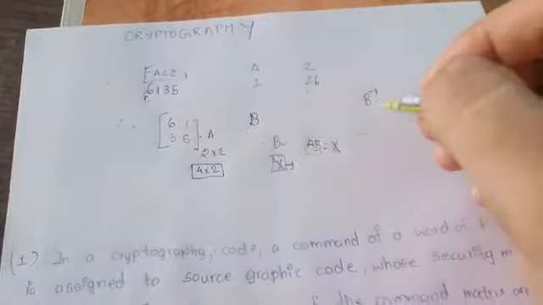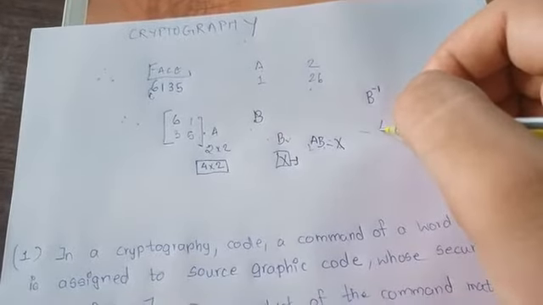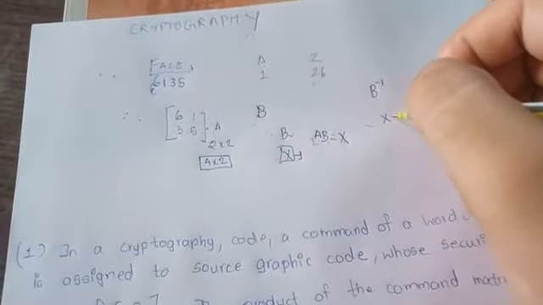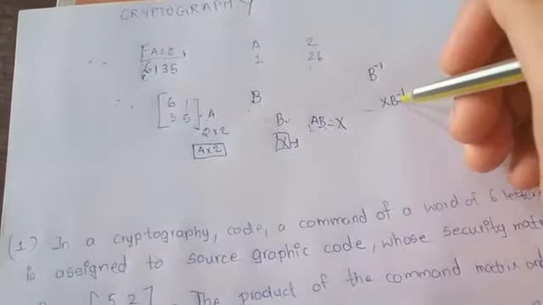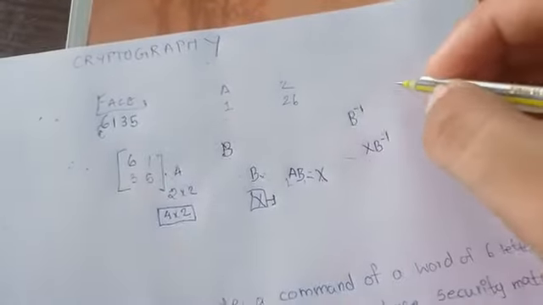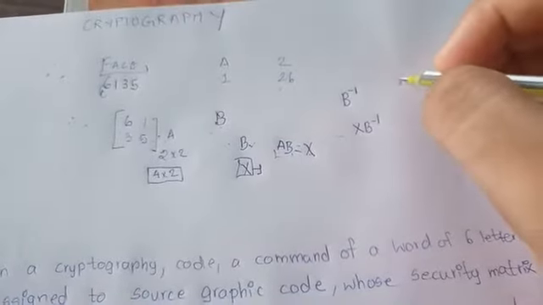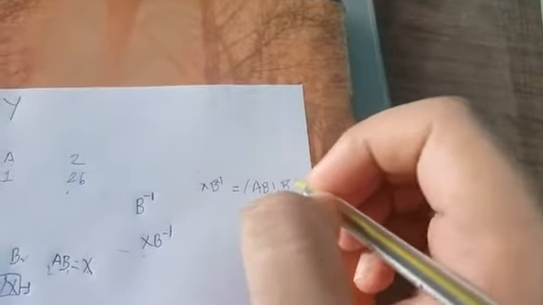Now he has to decrypt the transmission matrix by multiplying it with B inverse, which is the decrypting key to open this file. Therefore, we can write this in matrix algebra as X B inverse is equal to AB into B inverse.